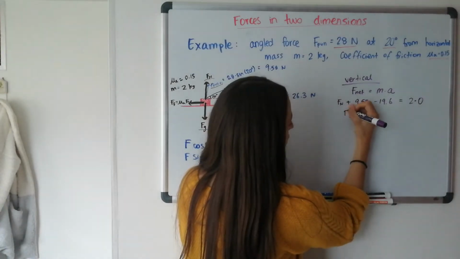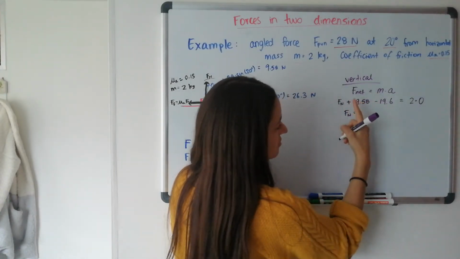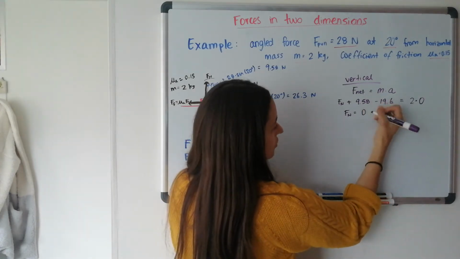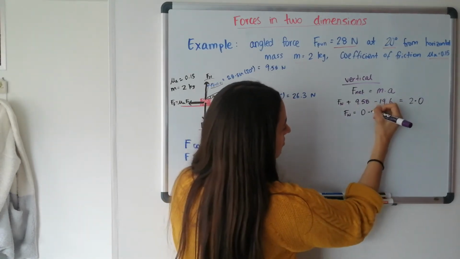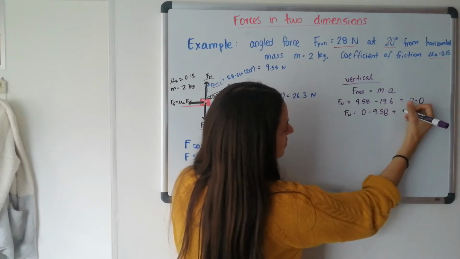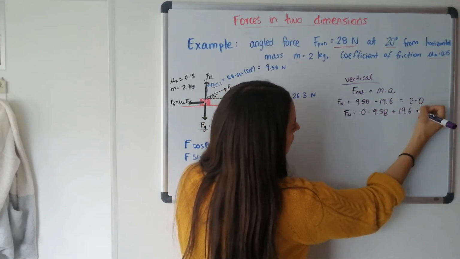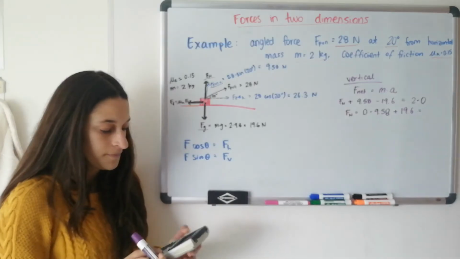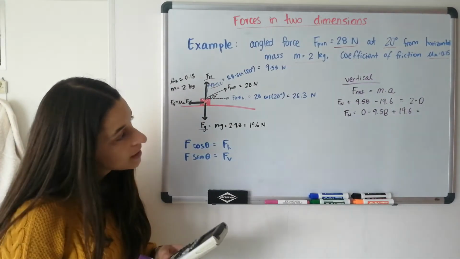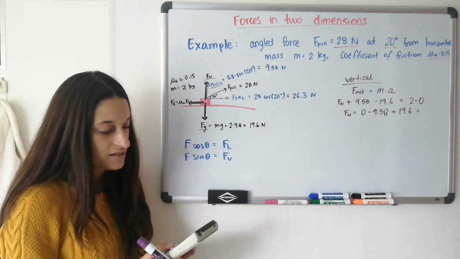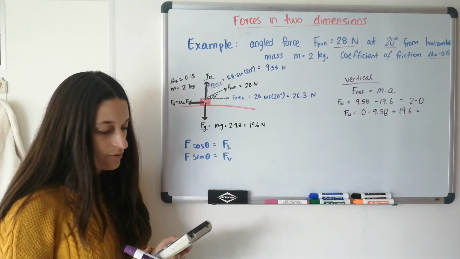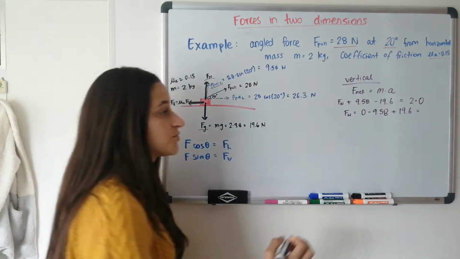For the normal force, everything that is added, we pass to the other side to subtract. 2 times 0 is 0, so we have our 0, then we subtract 9.58, and we add 19.6. In the calculator, the normal force is 0 minus 9.58 plus 19.6, which gives us 10.02.